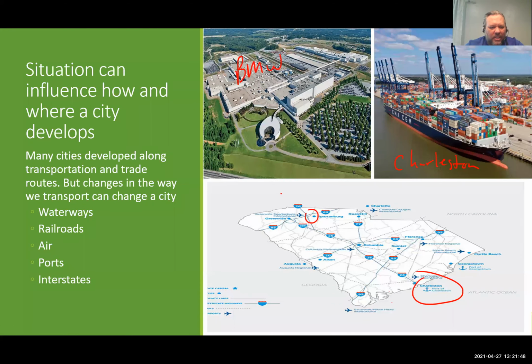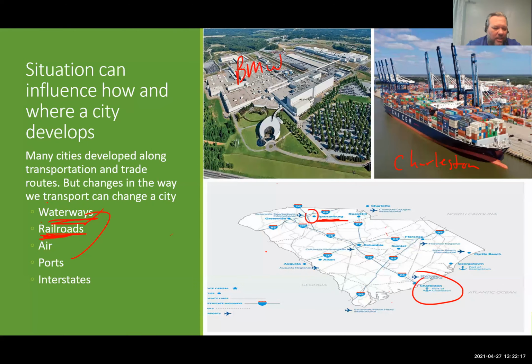And so the idea here is that this city in Spartanburg can develop because of where it's at, in large part, or at least the BMW factory and things that spring up around that, in large part because of the railroads, especially, but the waterways and the ports are important as well. And so, you can see that, depending on what levels of transportation are available, that will allow a city to either grow or to stay relatively small.